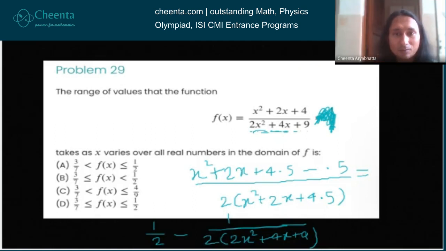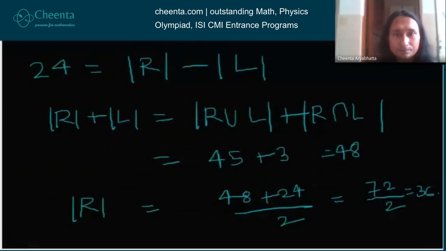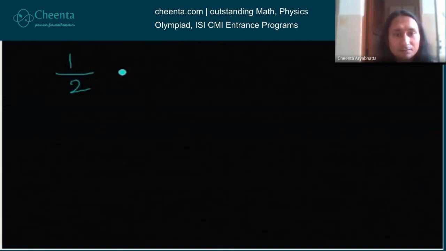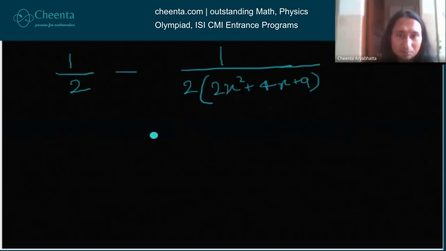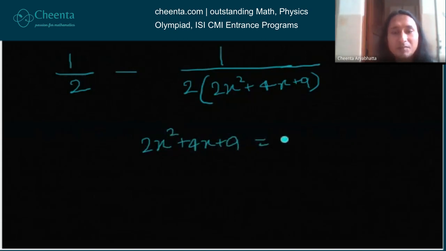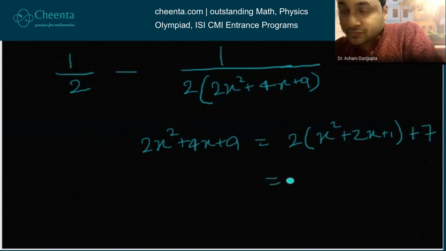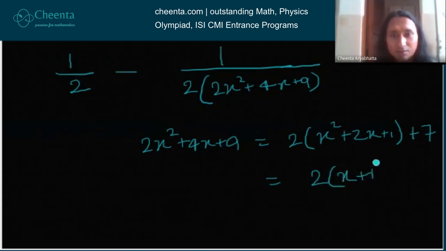Now I will go to another board. So half minus 1 by 2 times 2x squared plus 4x plus 9. There are more things to observe actually. 2x squared plus 4x plus 9 can be written as 2 into x squared plus 2x plus 1 plus 7, that is 2 into x plus 1 whole square plus 7.